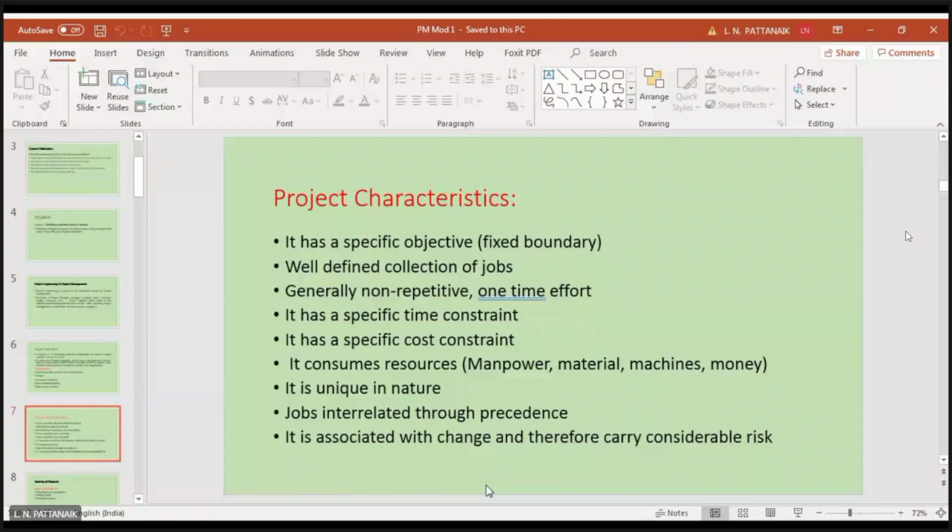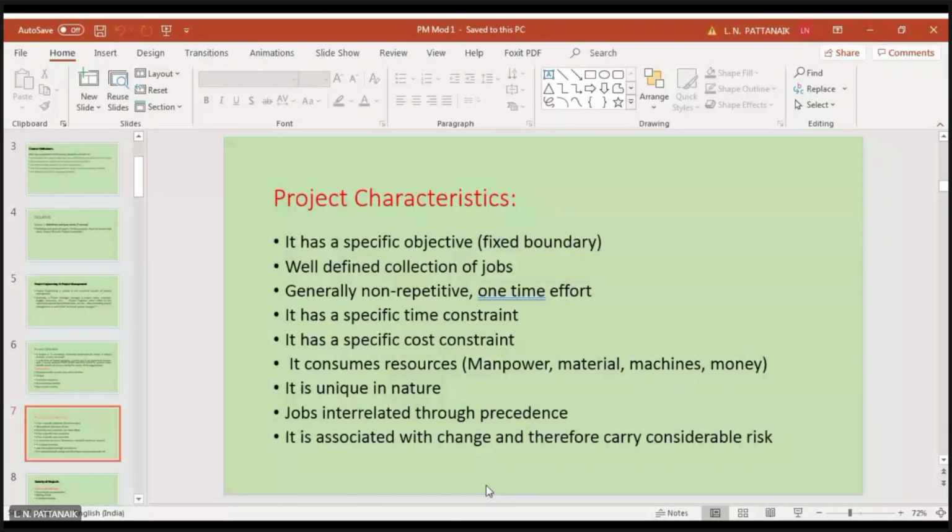Some projects may consume more materials, like infrastructure projects. But they will consume some resources. You cannot find an example of a project which is not consuming any resource. It's not at all possible.